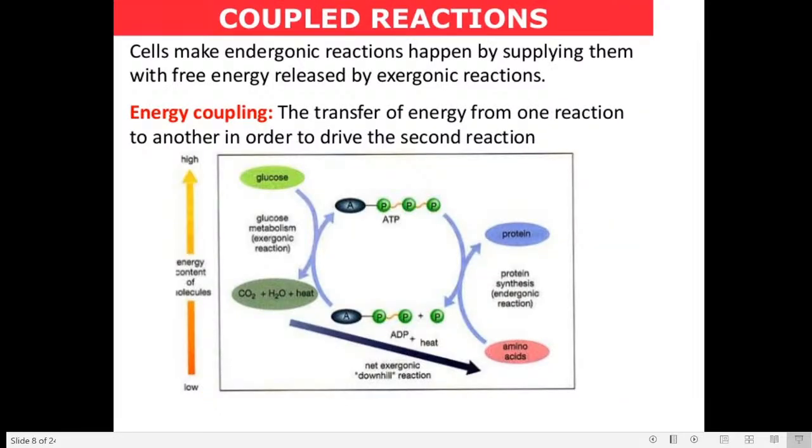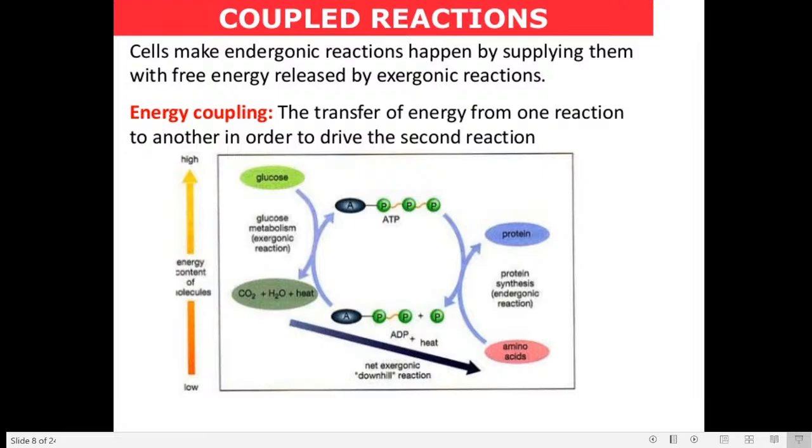Okay, then the coupled reaction. This coupled reaction is another part of the energy transduction process, that is, bioenergetics. The coupled reaction is the coupling of energy between two reactions.